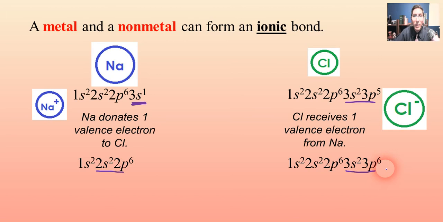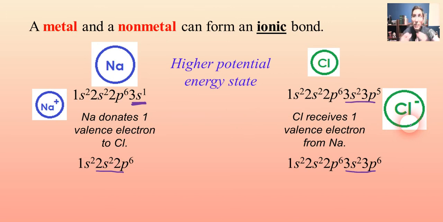So if we can think about it like this, we now have 2 ions. We have a sodium cation, this Na plus over here, and we have this Cl negative, this chloride anion over here. Now, if these 2 ions are very far apart, like we have over here, there's a sodium over here, and there's a chlorine over there, we say that that has a very high potential energy state.